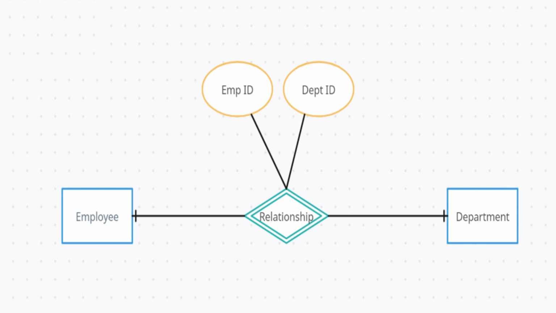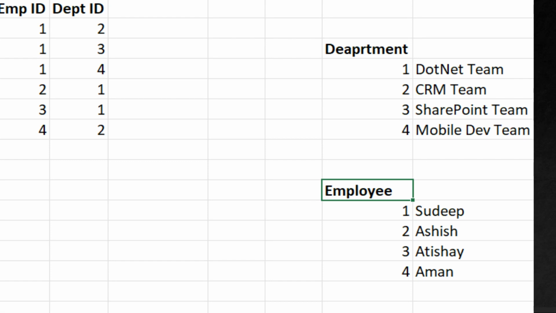So let's assume my employee ID is 001. So I will have 001 for .NET, then 001 for CRM, then 001 for mobile application. So how many records are there? 3 records. Is there anything unique in these 3 records? Can you identify a record uniquely by any key? No, you cannot.